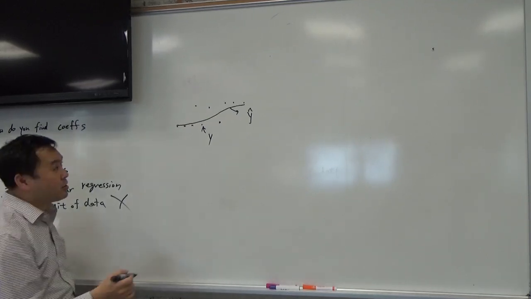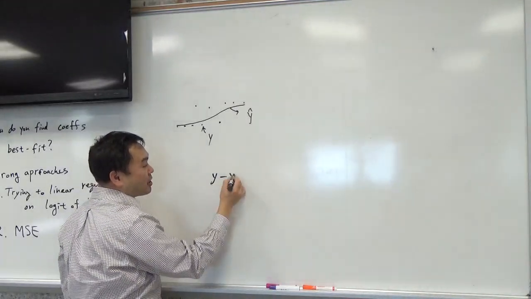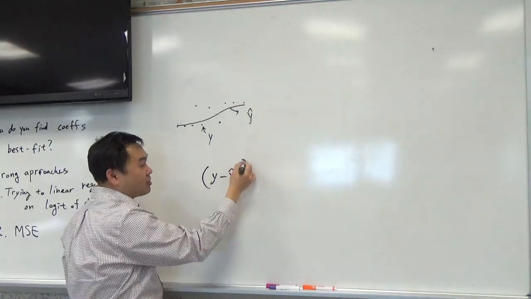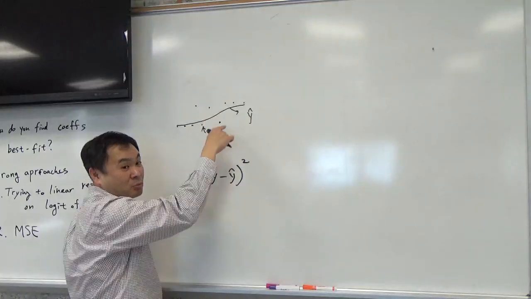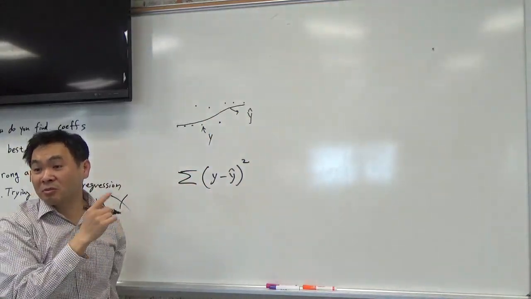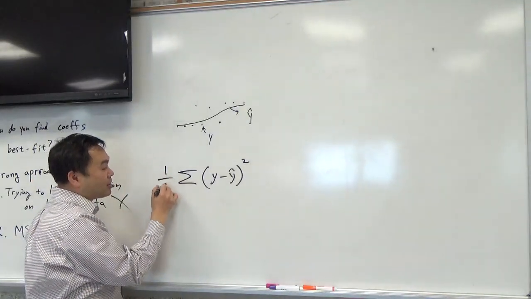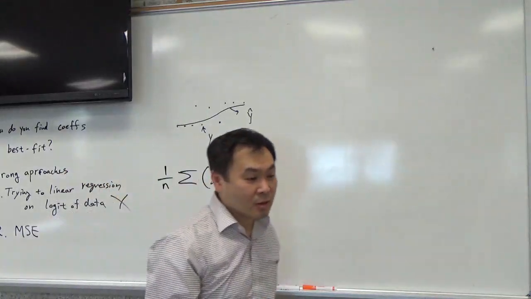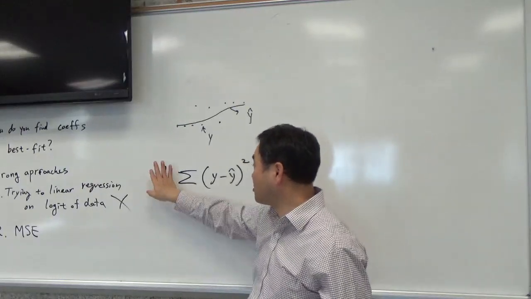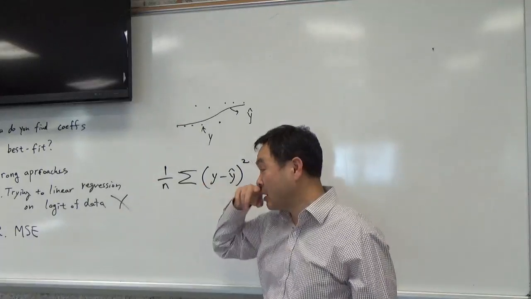What is mean squared error? First, the error is the difference between the actual minus your predicted. Squared error will be this squared. And this is computed for every prediction versus the actual. And you add them up. That's the sum of squared error. It's called SSE. But if you divide by the number of data points, this is mean squared error. For minimization purposes, it doesn't matter whether you use this 1 over n or not, so you can either say mean squared error or sum of squared error.